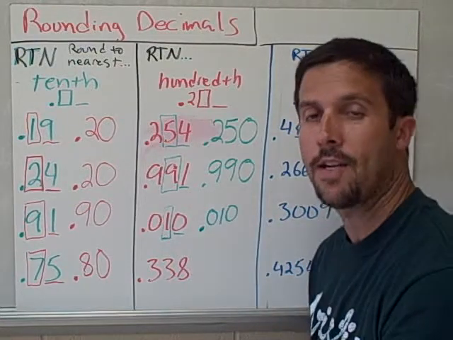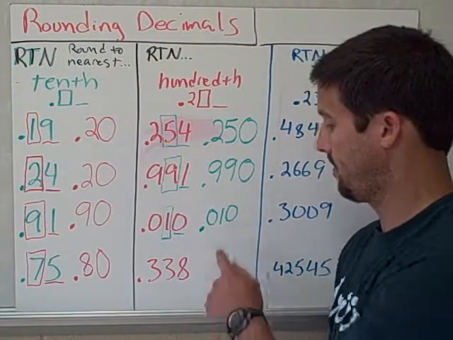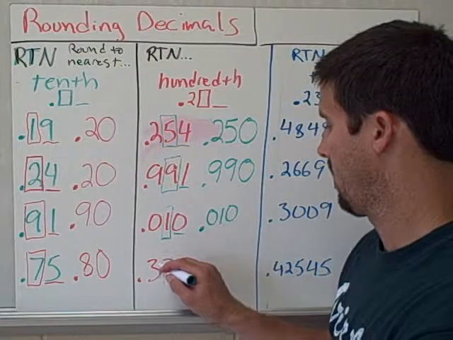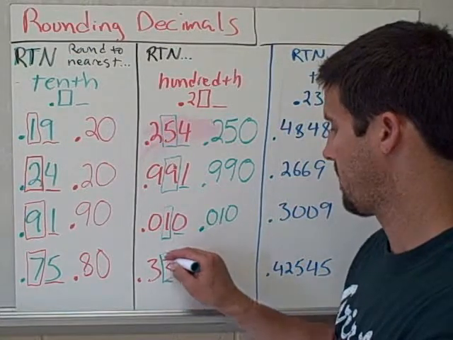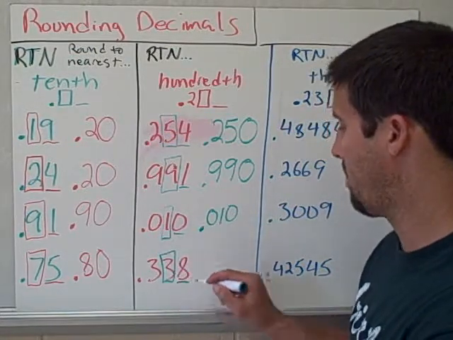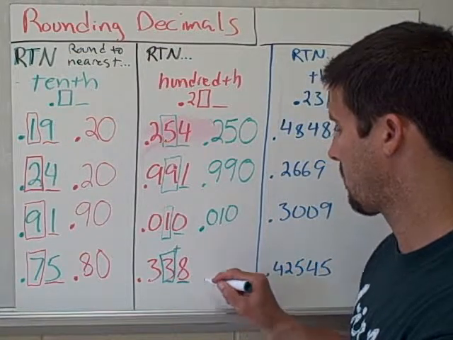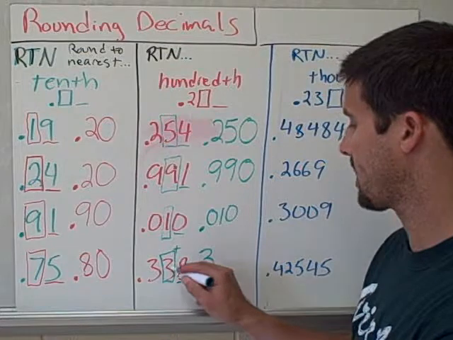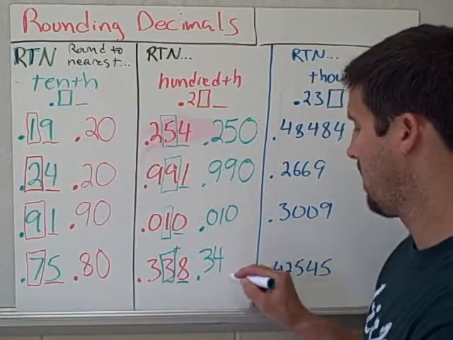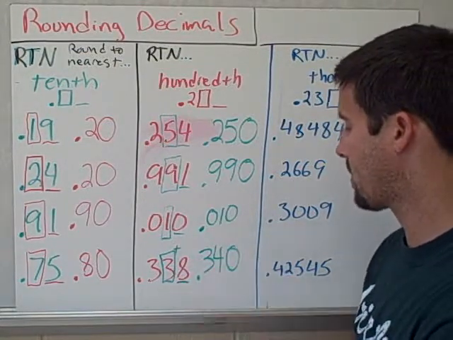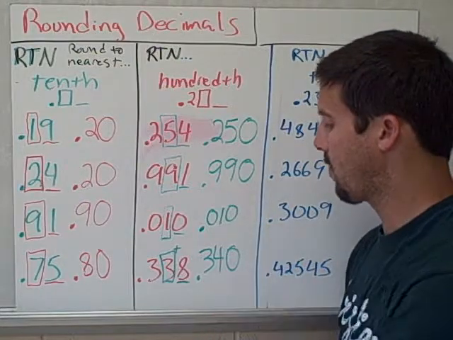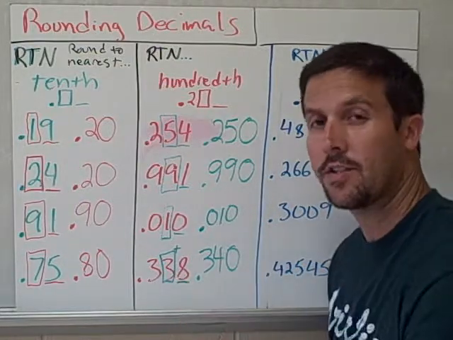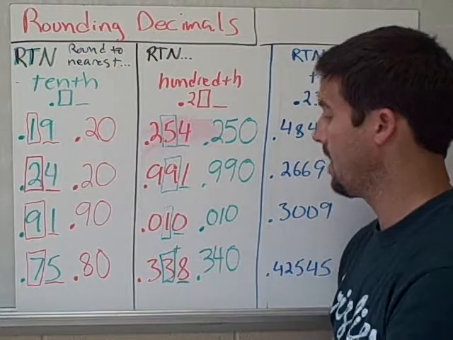It's already rounded down. I didn't need to do anything. Okay? Tenths, hundredths, thousandths, 8, big number. Round this up, so I'm going to add 1. This number stays the same because it's not in a box. This number goes up to 4, and this one gets slashed down to 0. 0.340, because it's so close to it, and that's why we round up.